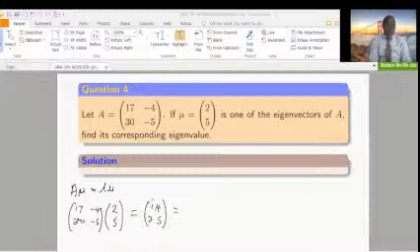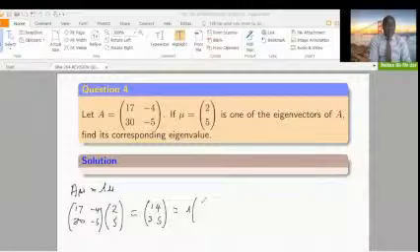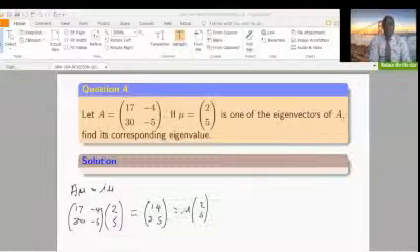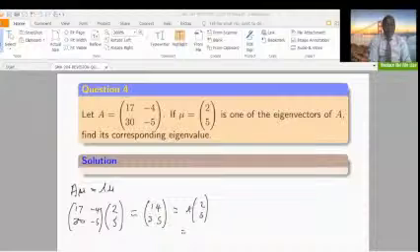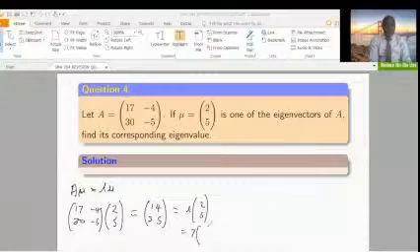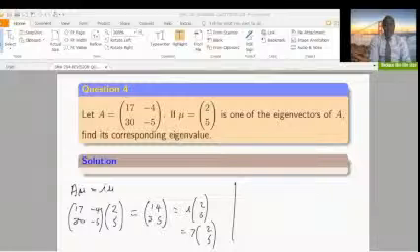And so this should be the same as lambda multiplied by the eigenvector 2, 5. And when I look at this, I say that lambda here is 7, because this would be 7 times 2, 5. Lambda is 7. So that means the corresponding eigenvalue is 7.